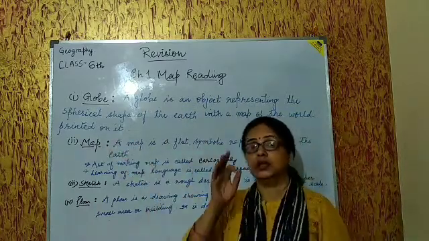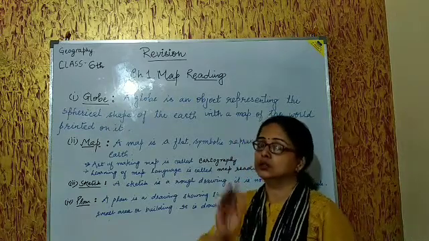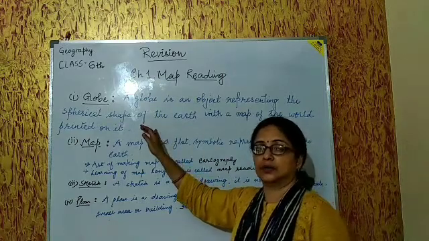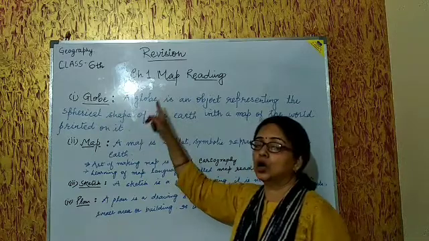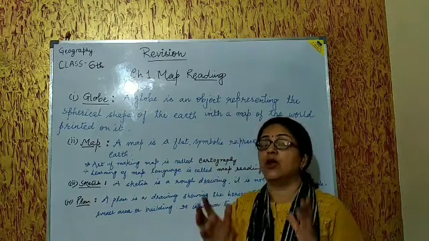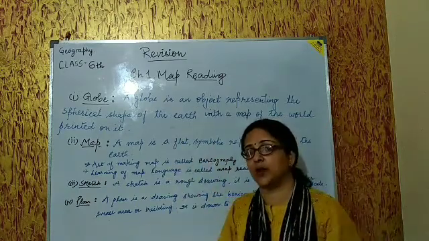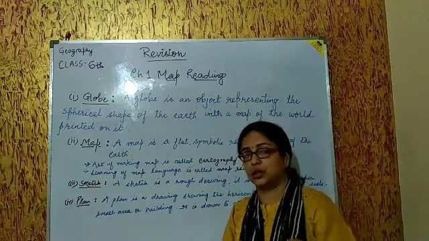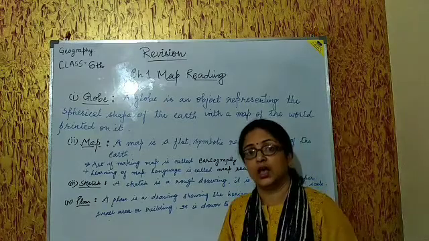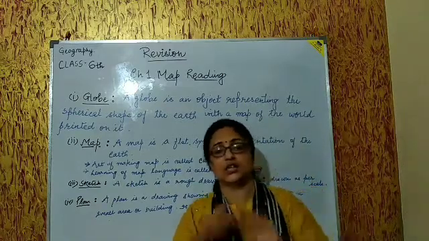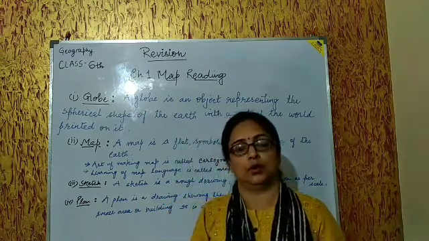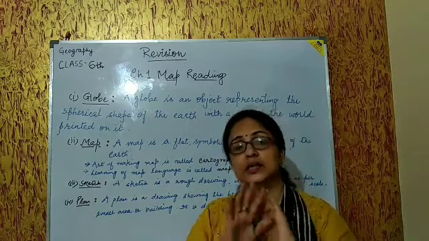You have to learn the definitions of all the terms, so try to understand and learn them. Spherical means in a round shape, or in the shape of a ball.